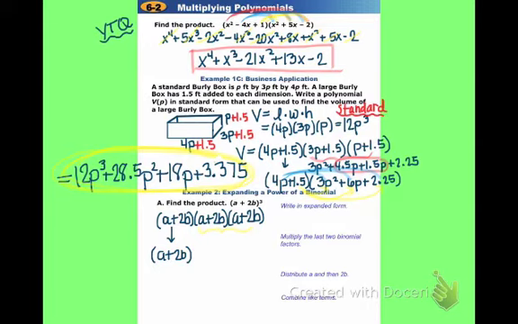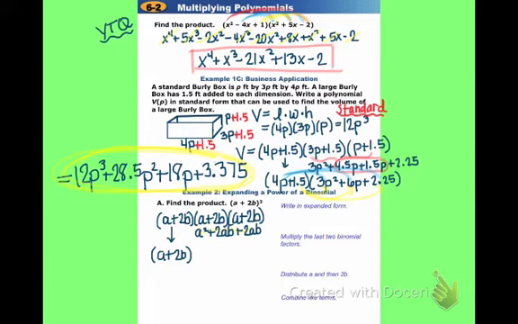So when I multiply the first 2, a times a is a squared. The outside 2 would be plus 2ab. And the inside 2, again, 2ab. Now the reason why I put the a first and then the b is that it's typically done where you put them in alphabetical order, and it also makes it easier to see when you have like terms.